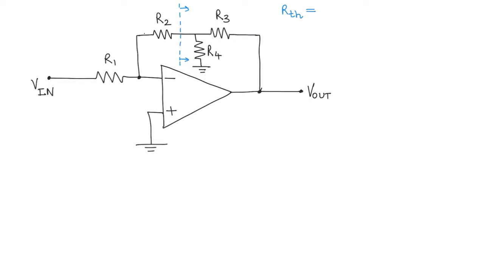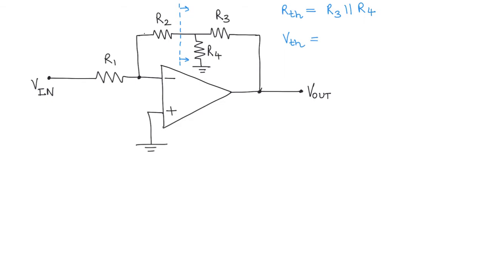Because if V out is a source, so let's say the op amp is outputting V out, to calculate RTH, we make V out equal to 0, and then we look at the equivalent resistance on this side, and that just turns out to be R3 parallel R4. Now, what about calculating VTH?